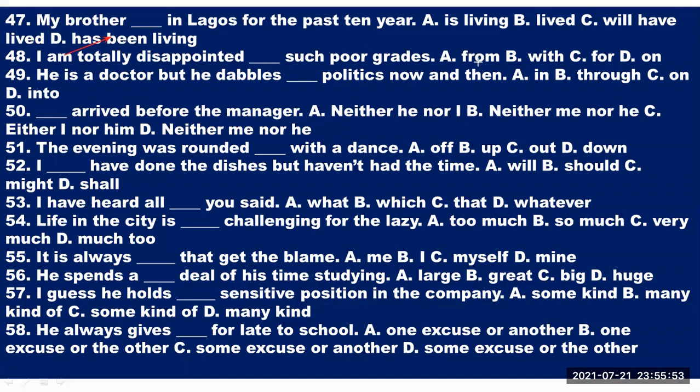I am totally disappointed from such poor grades. Of course, this is wrong because you don't hear people talk about being disappointed from. Now, B, I am totally disappointed with. Yes, you can be disappointed with something or with someone. All right. Disappointed for is wrong. Disappointed on is non-existent. So the correct option is with. I am totally disappointed with such grades.